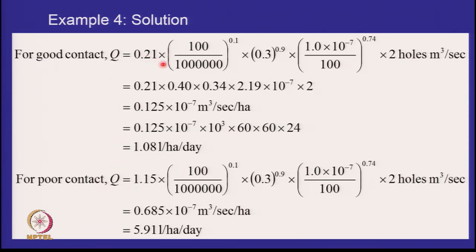Q into 0.21 into a to the power of 0.1, 0.3 to the power of 0.9, 10 to the power minus 9 to the power of 0.7 into 2. You will have to use the function a to the power of b in your calculator, or you have to do log. Is anybody confirming this value? You also? Good. So for good contact, I am getting 1.08, and this is about 5 times.